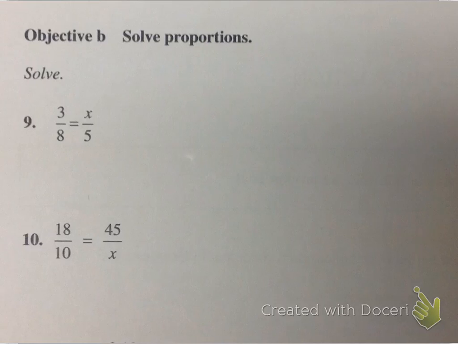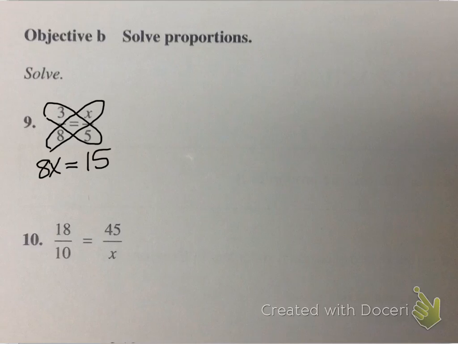So if I'm doing cross products, I have to go 8x equals, because remember cross products are equal to one another, 15. Well, how do I solve the little equation of 8x equals 15? Well, I have to divide both sides by 8.